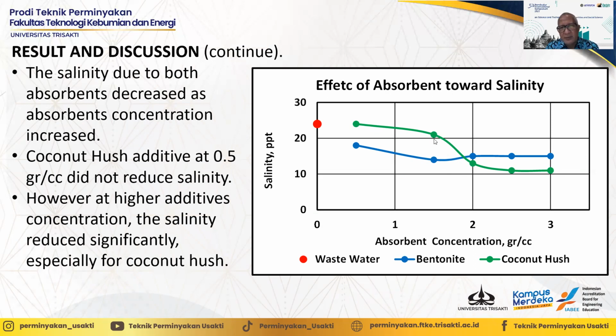And then it is reduced a little after 1.5 and then significantly reduced to 11 at the end, at 2.5 and 3 gram per cc adsorbent concentration of the coconut husk. Meanwhile, at the higher additive concentration, the salinity reduction is significant with the coconut husk. But with bentonite, there is no change in the salinity. If we add more concentration, there is no change in salinity.